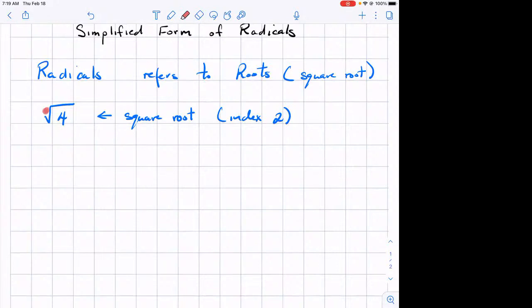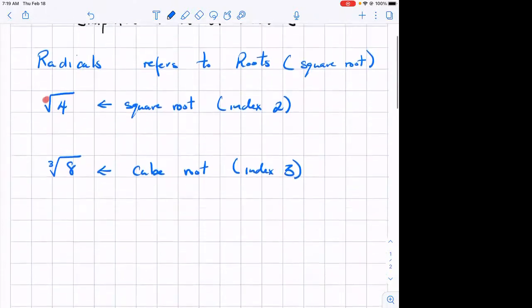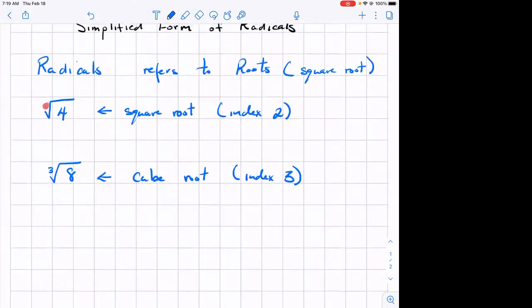For square root, it's understood that the index is 2. We also have cube root, and here the index is 3, and then we have fourth root and so on. We can also refer to these as radicals. So this here is what we call our radical.